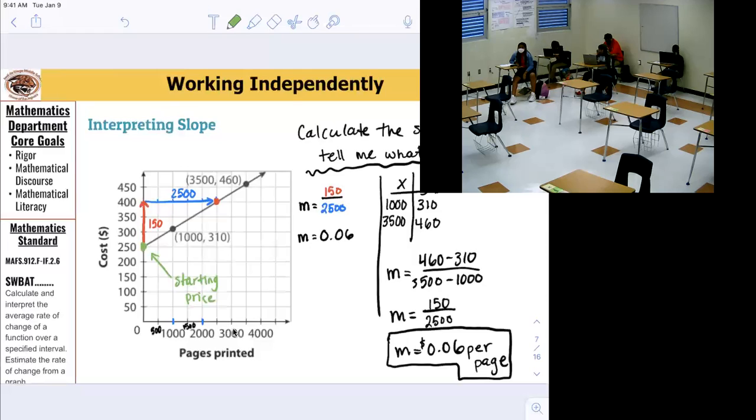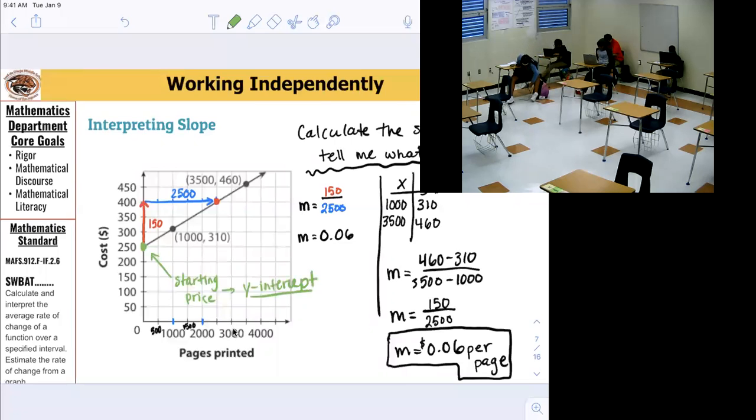So what Juan was just talking about, the starting price: how did you identify where the starting price was, Juan? Because of the intercept, the y-intercept. The starting price is located at the y-intercept.